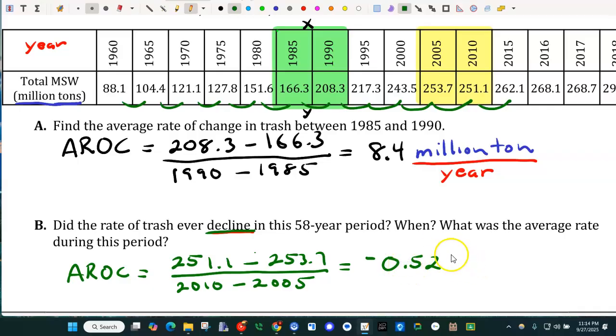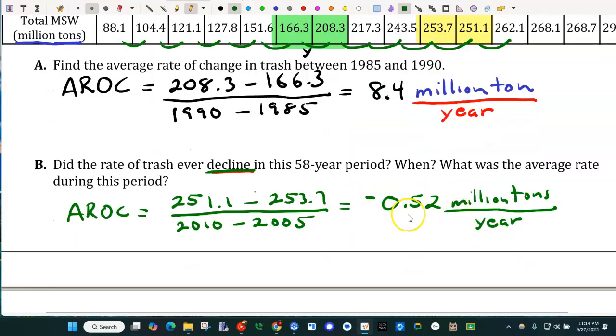And again, we've got to have the same units. Rate of change, and we got to write it out: million tons per year. That's it. Okay, so we found the slope or rate of change, and we have the units on there also. So what does this actually mean?